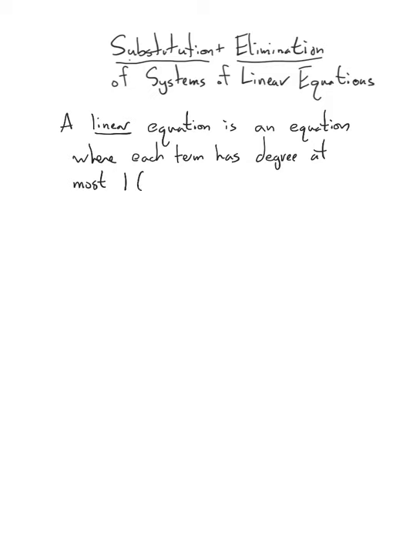When we say it has a degree of most 1, that means two things. So each term has only one variable with the exponent being 1. Or at least can be manipulated algebraically to look like that. That will do for us.